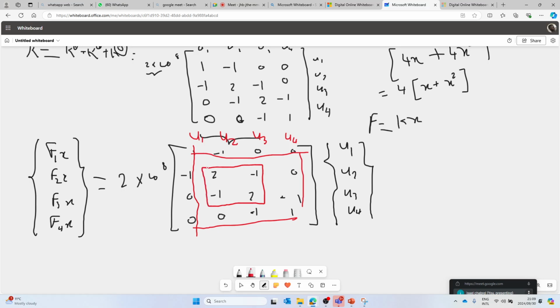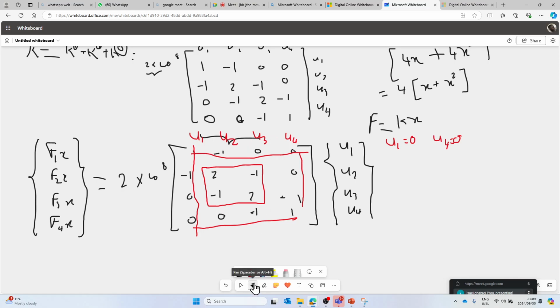The reason these are cancelling is because displacement at U1 is 0 and displacement at U4 is 0. Why are they 0? Because they are fixed points. The reason I'm showing you the line is for you to see that you are only going to be dealing with the rows U2 and U3.